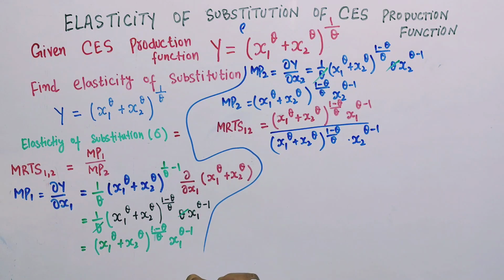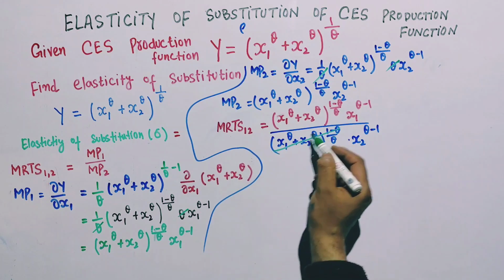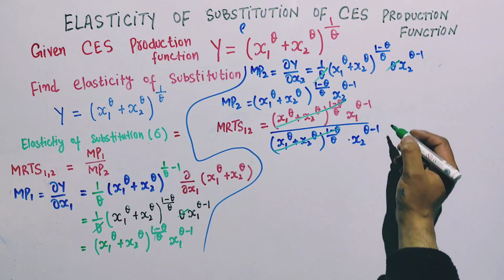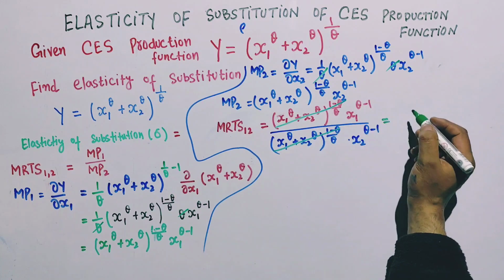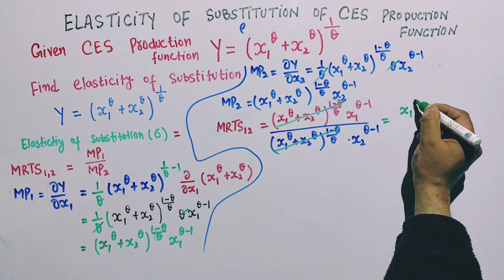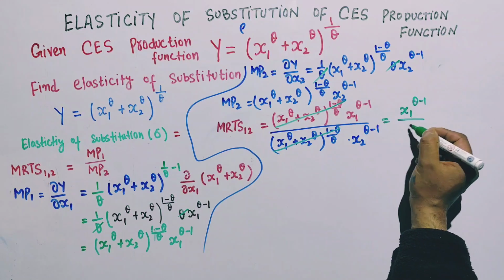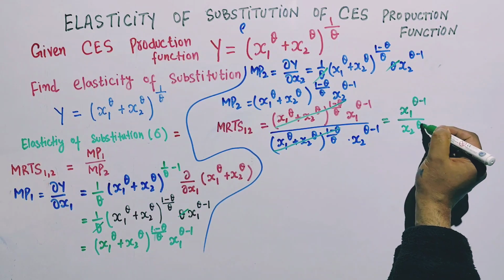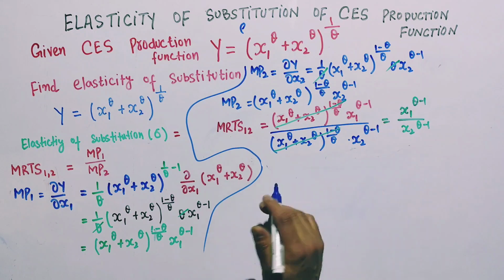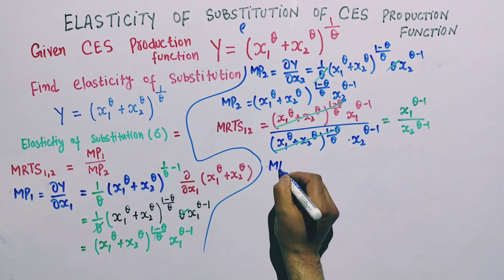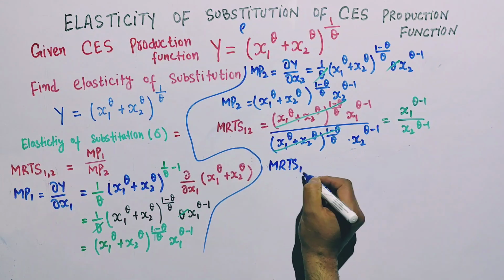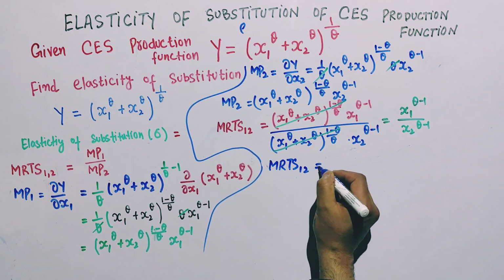Here this term and this term are the same, so we can cancel them. We are left with x1^(θ−1) divided by x2^(θ−1). So MRTS between input 1 and 2 is equal to (x1/x2)^(θ−1).